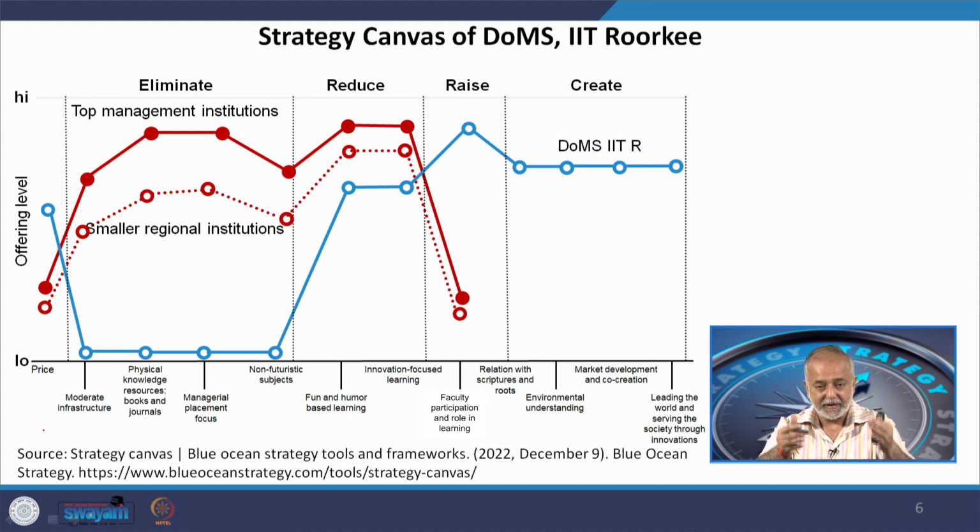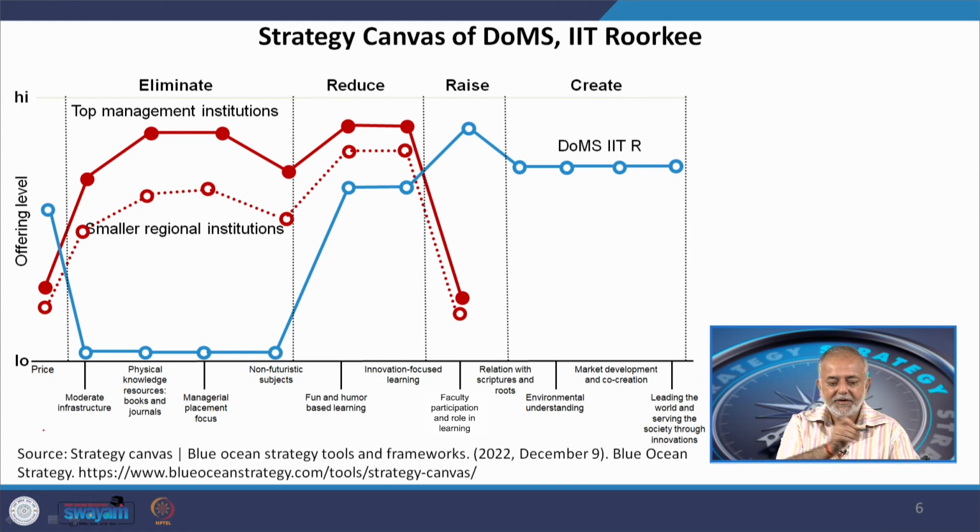Then many non-futuristic subjects, I would not say redundant, but common subjects which are being taught by everyone more or less. And then fun and humor based learning, with several games which everyone focuses upon, and innovation focused learning wherein we innovate upon the pedagogical inputs and methodologies, and case study based methodology.